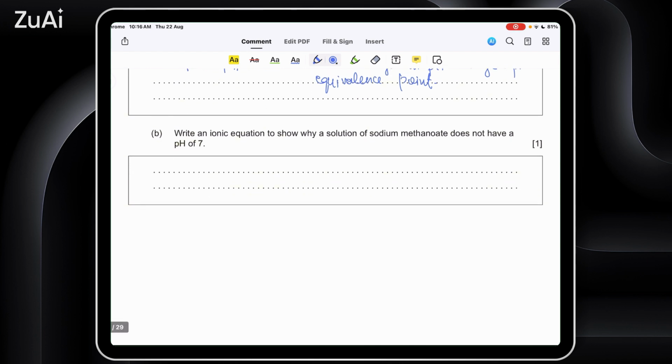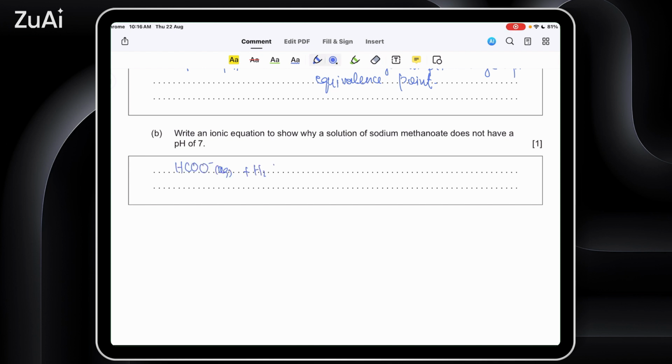Write an ionic equation to show why a solution of sodium methanoate does not have pH 7. So you know, this is the methanoic acid, and when it reacts with water, it forms the sodium methanoate, sorry. Sodium methanoate means it has HCOO minus aqueous.